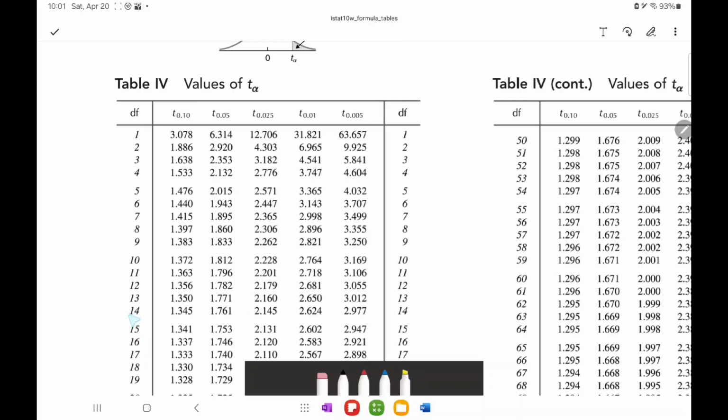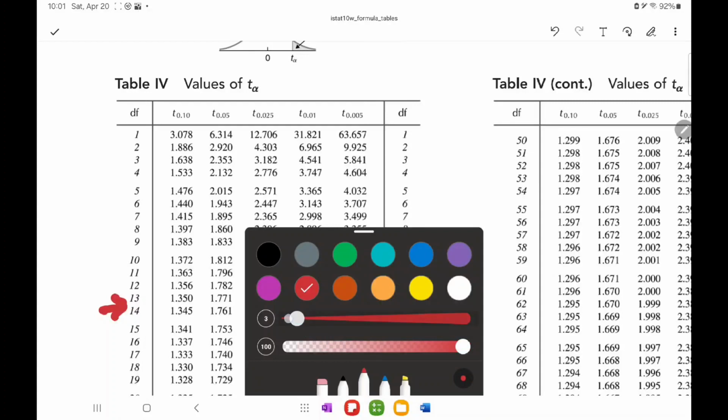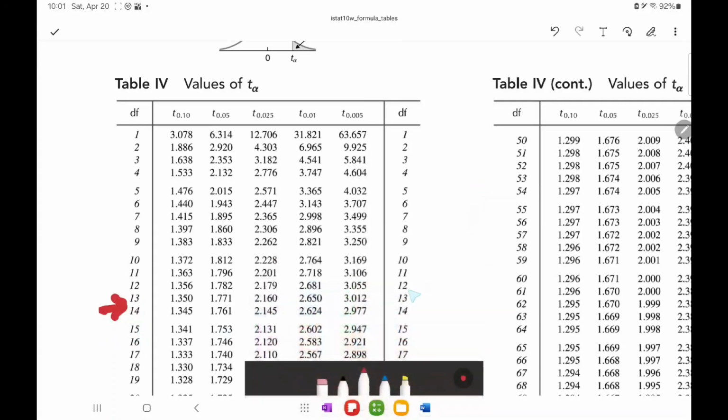So this is the row that we should be looking at. Let me make this narrower. Okay, and it's t of 0.05. So t of 0.05 with df of 14 is 1.761.